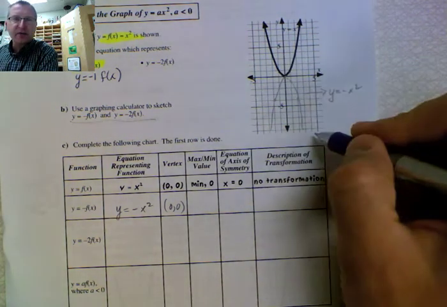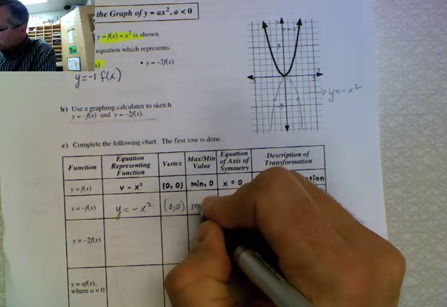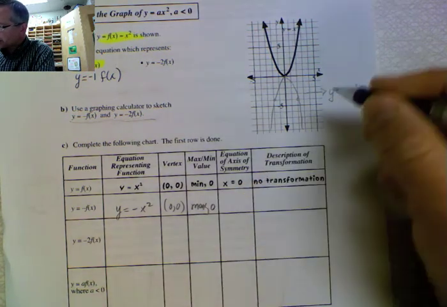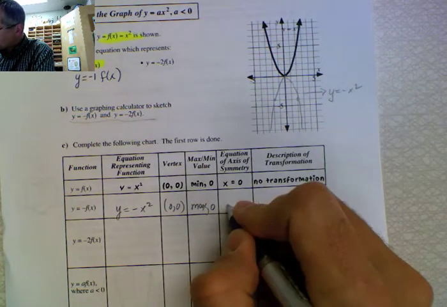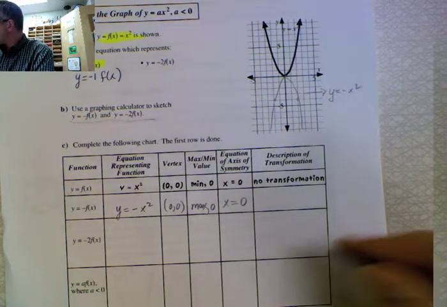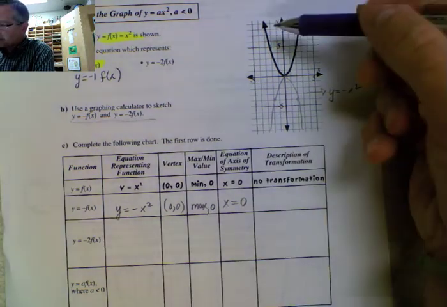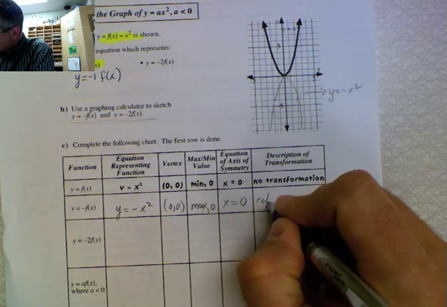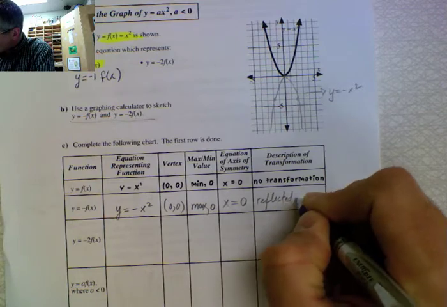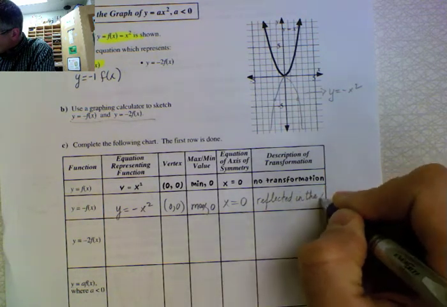But because this graph opens downward, we now have a maximum value at 0. We have a highest point on this particular curve. The axis of symmetry is still x equals 0. We took the original and we flipped it upside down. So we say it is reflected in the x-axis.